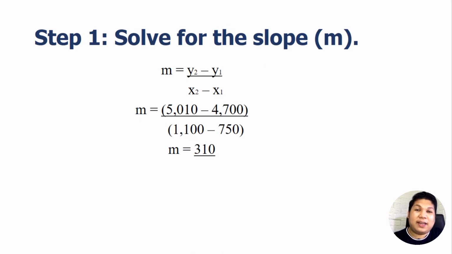So we get m equal to 310 divided by 350, and computing this, we get 0.886. This is actually higher than the slope that we computed using the scatter graph method, which is 0.80. The slope here, the m, is the variable cost per unit of production level. And we are going to use this slope value in computing our y-intercept.